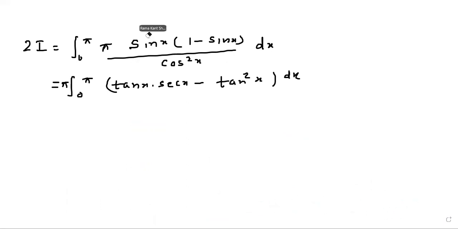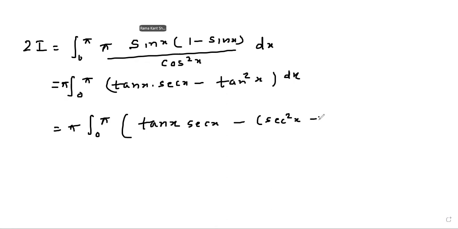So it will become pi times 0 to pi tan x sec x minus, this can be written as sec square x minus 1 dx.